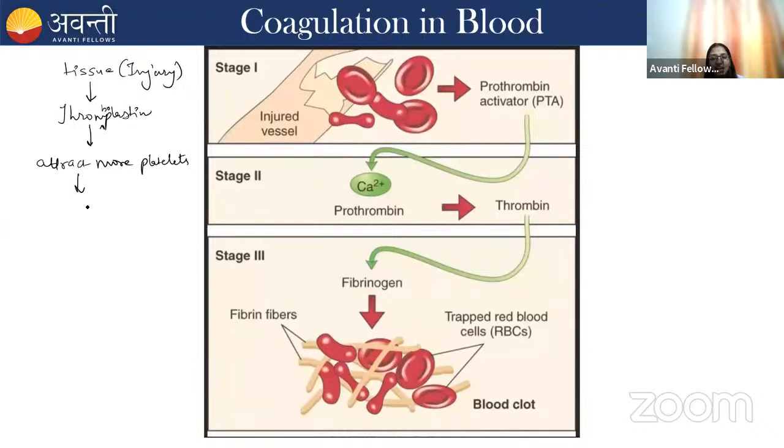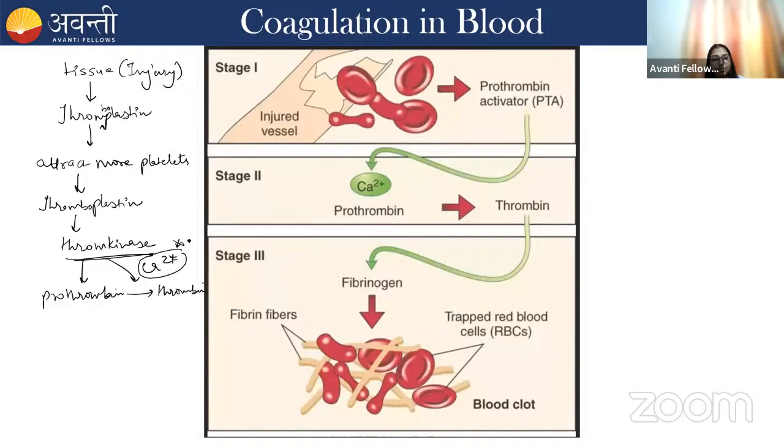Now these platelets, they are also known as thrombocytes, right? They will secrete thromboplastin. Now this thromboplastin will activate the thrombokinase enzyme. Now this thrombokinase will convert prothrombin to thrombin. And calcium plays a very important role here. Please remember calcium.